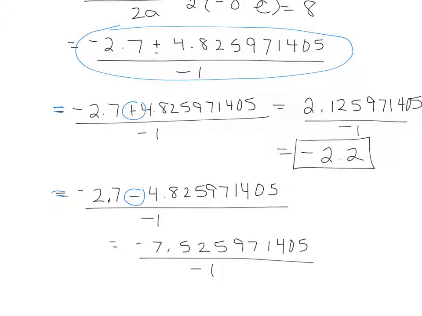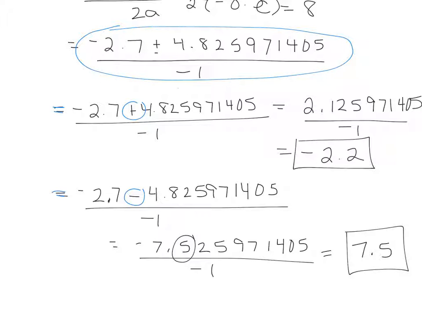When we divide by a negative 1, we get a positive because a negative divided by a negative is a positive. So this gives us a positive answer of 7.5. And again, that's rounded to the nearest tenth, which is 1 decimal place.